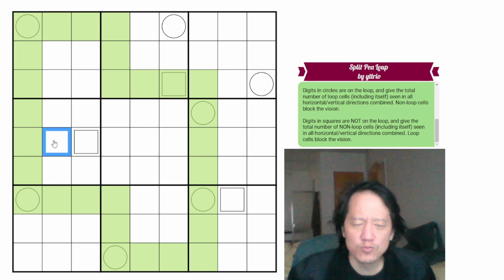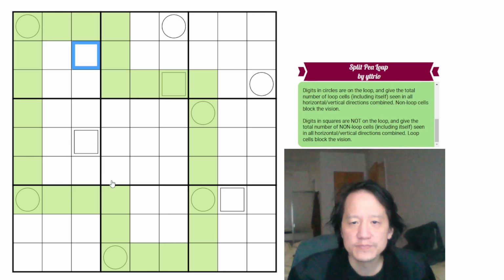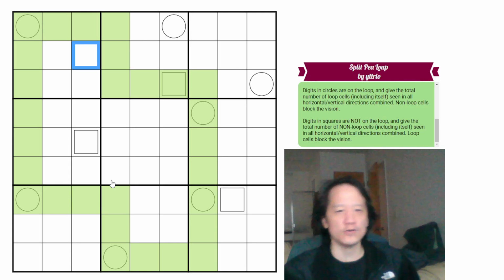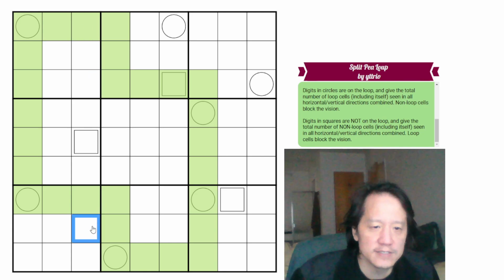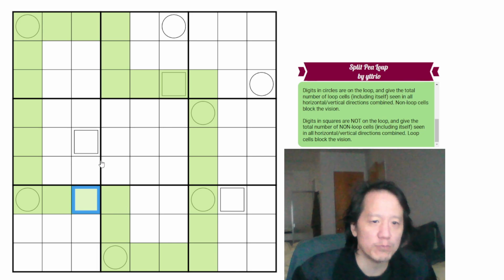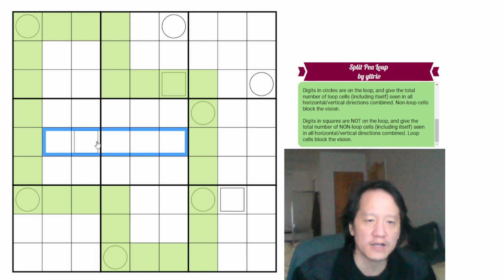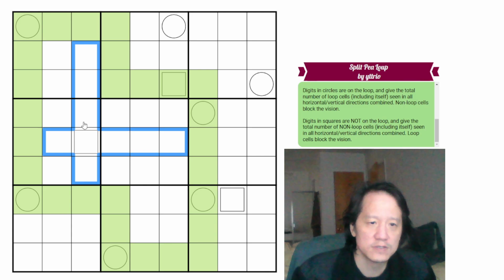So I think this would actually still work here because this would be 1, 2, 3, 4, 5, 6, 7, 8, 9. And then loop cells block vision. So in the reverse way, it doesn't see these 2 cells because a loop cell blocks the vision of it. So this would be 9, and that works.